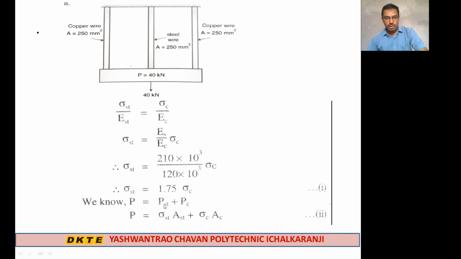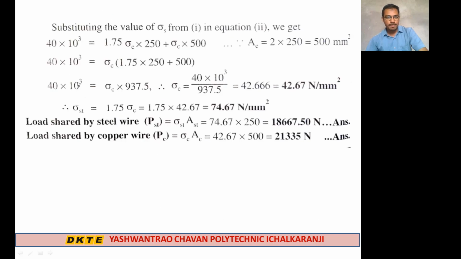P is equal to PST plus PC, means load in steel plus load in copper. PST is equal to sigma ST into AST, and PC is equal to sigma C into AC. Put these values. Total load P is equal to 40 into 10 raised to 3. Sigma steel is equal to 1.75 times sigma C and area is 250, plus sigma C into area of copper, which is double, 500.